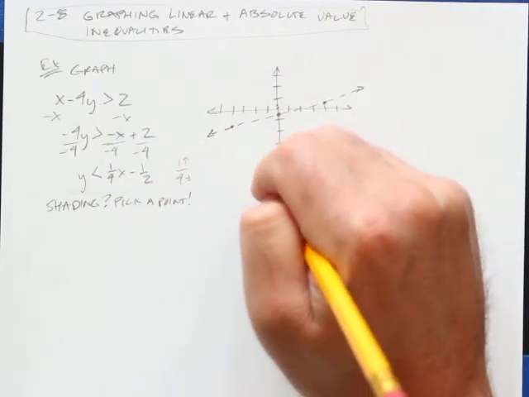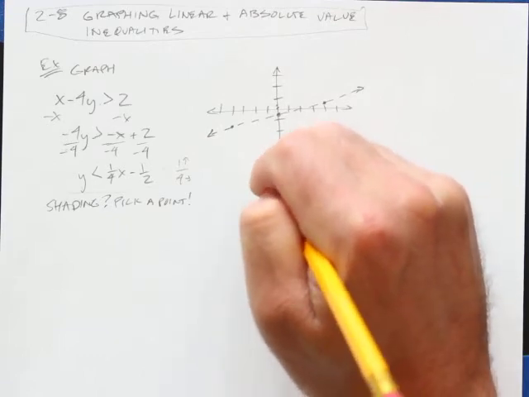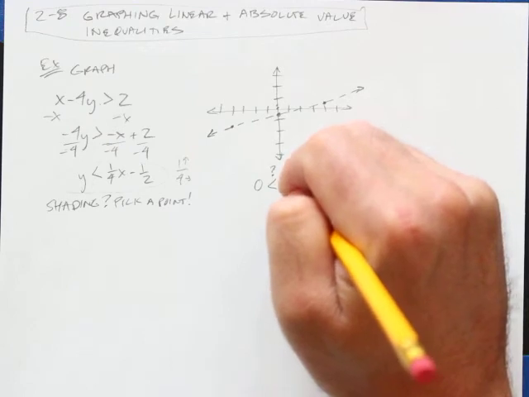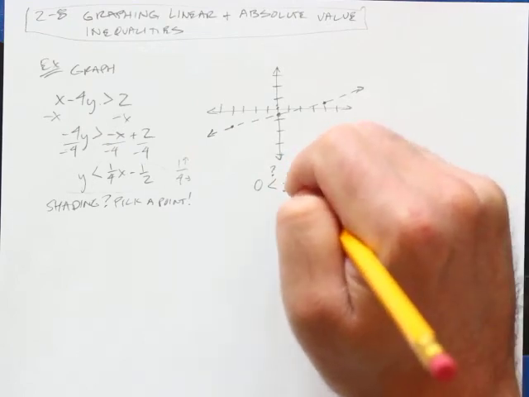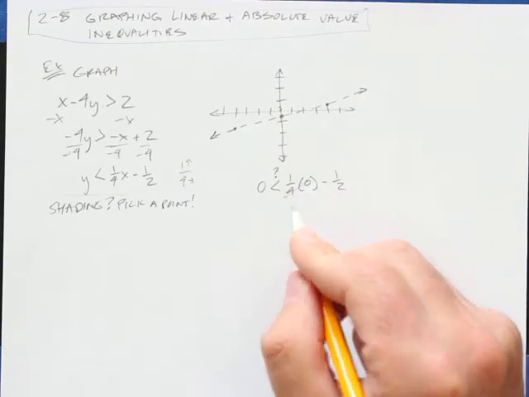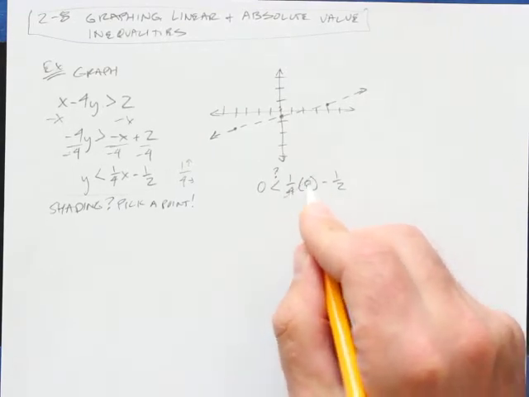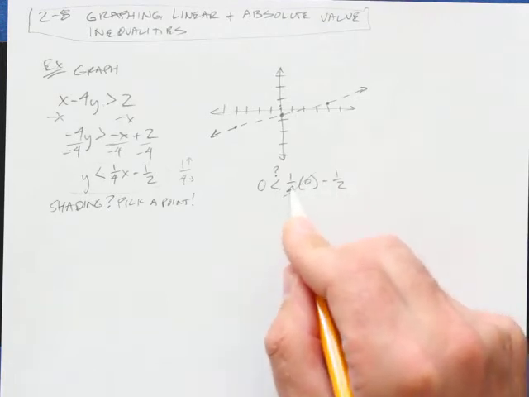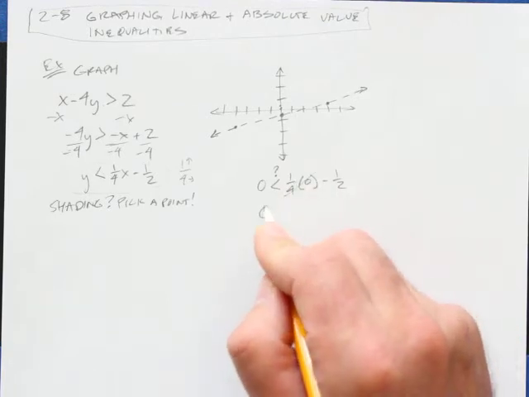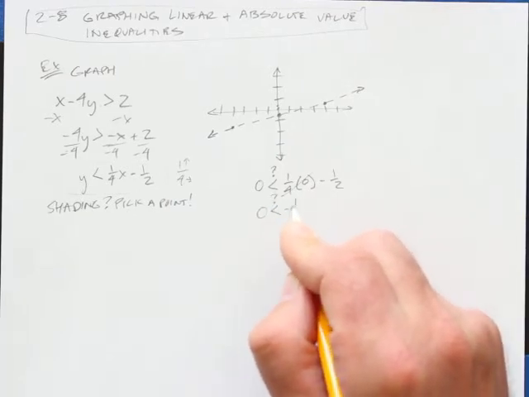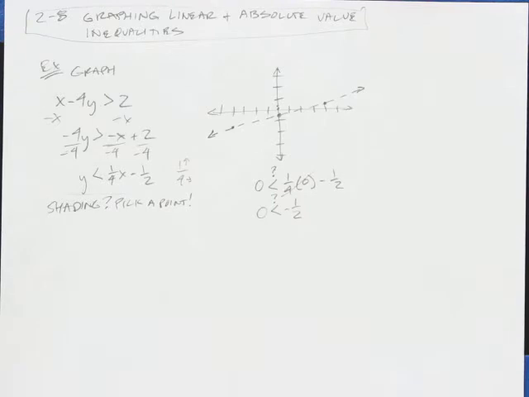So 0 is greater than, or is it, or less than, 1/4 times 0, minus 1/2. Okay, those go away. 0 times 1/4. Gosh, I said that all the way wrong, but I wrote it right. Okay, 0 times 1/4 is 0. So 0 is less than, or is it, negative 1/2.